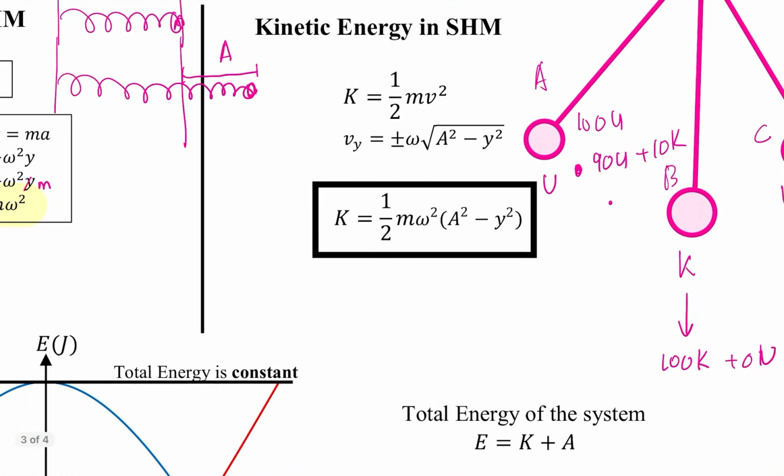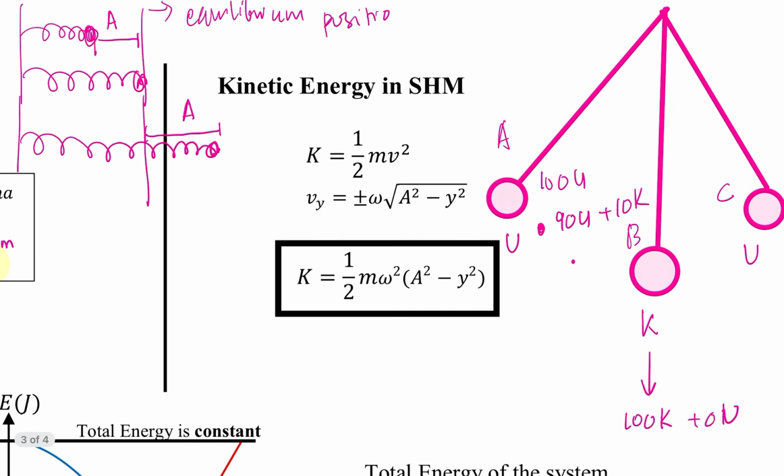So kalau kinetic energy pula, so K equal to half mv square. So Vy ni kita dapat daripada tadi derivation tu, masukkan dekat sini. Then after that we sub, kita dapat half m omega square a square minus y square. Same goes as this one. Dia punya value of kinetic energy bergantung dengan position.